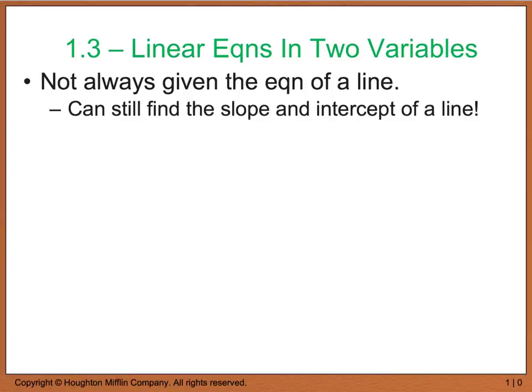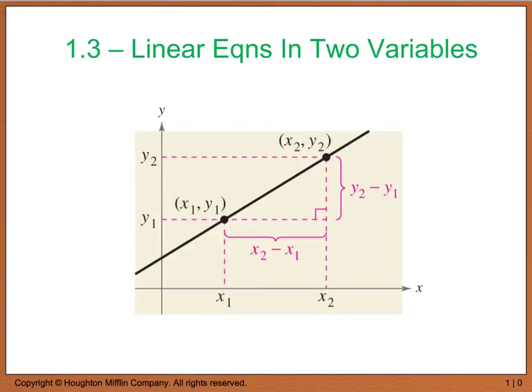We will not always be given an equation of a line as we had in example 1. Even though we're not given that equation, we can still find a slope and an intercept. If I'm given 2 points on a line, for instance, like what I've got right here and here, from this point to this point, I have some change in x, and we measure a change, remember, by subtraction.